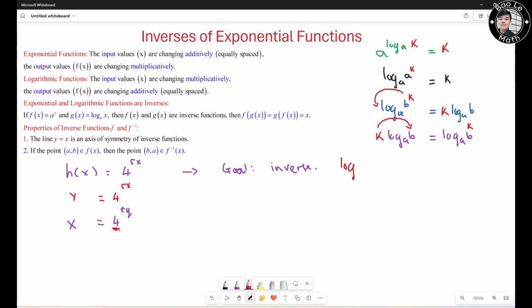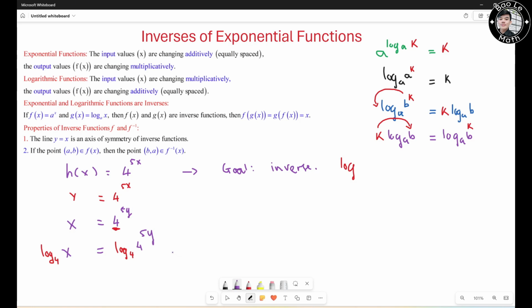Remember that if exponential functions and logarithmic functions are inverses of each other, they must have the same base. So I have log base 4 on the left, and log base 4 on the right. Now I just fill in this one: s equals 4 to the 5y.